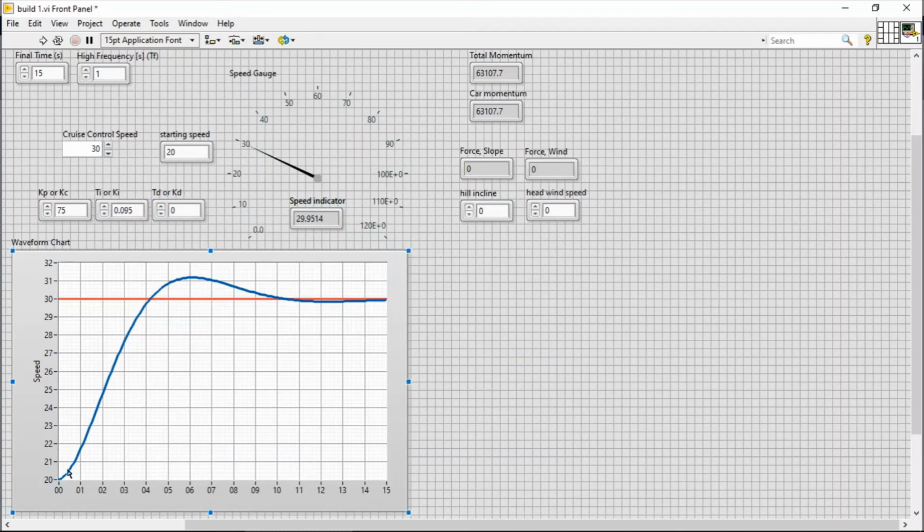And it works for this, but I wanted to give it a try, and I had seen some other sources talking about how if you have a high power, high speed system, sometimes it's worth giving the derivative time interval or amplifier at least a try, because sometimes you can get this curve to look a little bit better. And I did that, and I ended up coming up with numbers that I thought looked better.